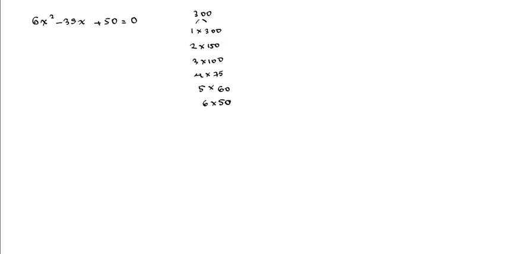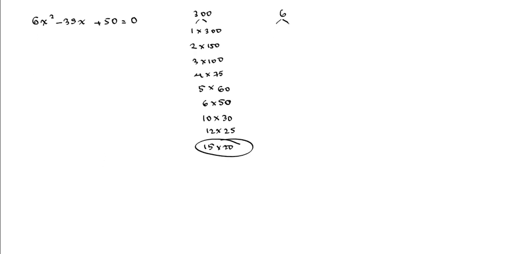No. Divisible by 9? No. Divisible by 10? Yes, 10 into 30. Still not what we want. 11? No. 12? Yes, 12 into 25. 13? Not possible. 14? Not possible. 15? Yes, 15 into 20. Now if you consider 15 plus 20, we get 35. So this is the combination we want.